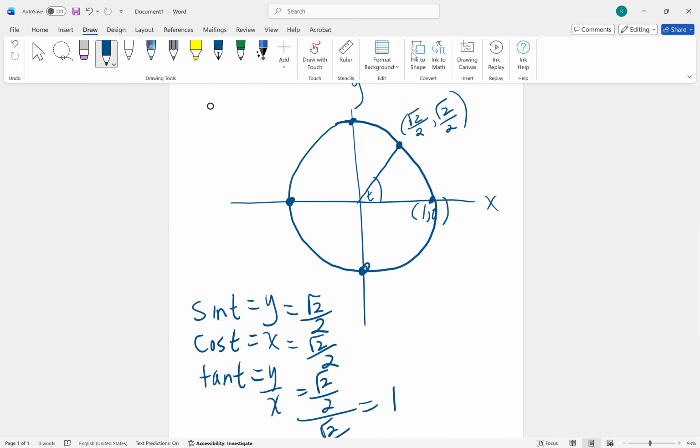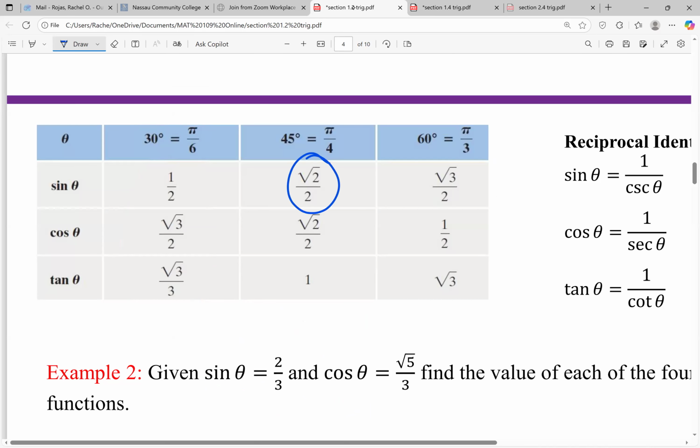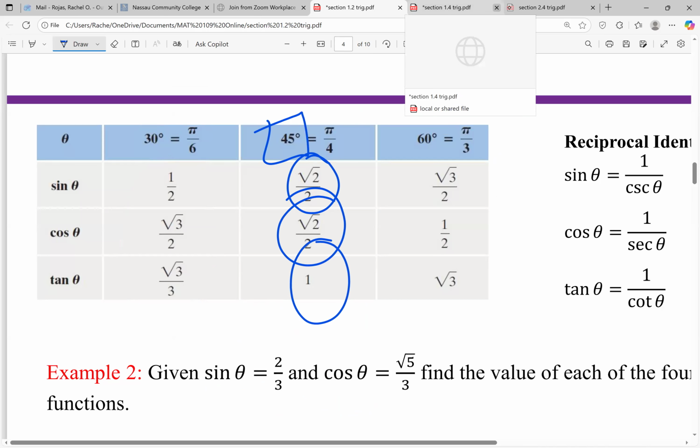Let's go back to the worksheet, the 1.2 worksheet. Look, you see how I have sine is equal to radical 2 over 2, cosine theta is radical 2 over 2, and tan theta is equal to 1. That's for a 45-degree angle, or pi over 4 radians.